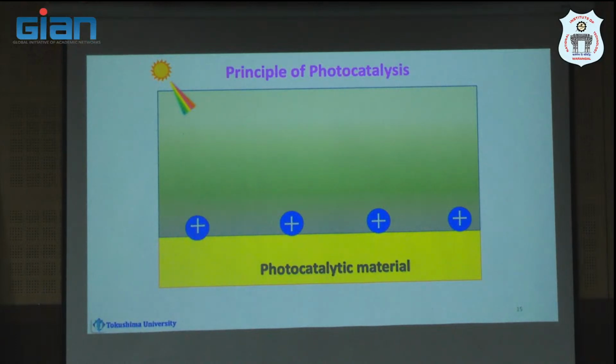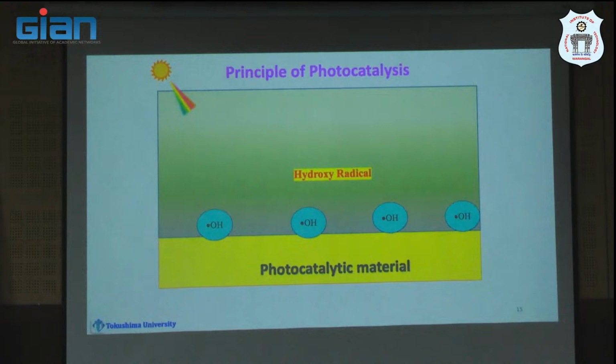Then the remaining hole, this is very important. We have water also. The remaining hole can react with H2O and create OH radical. This OH radical is named the hydroxyl radical. This hydroxyl radical is the real component that decides the performance of the photocatalyst.